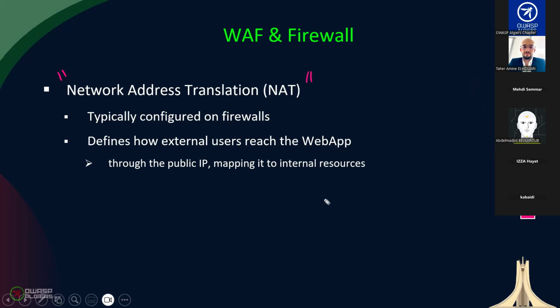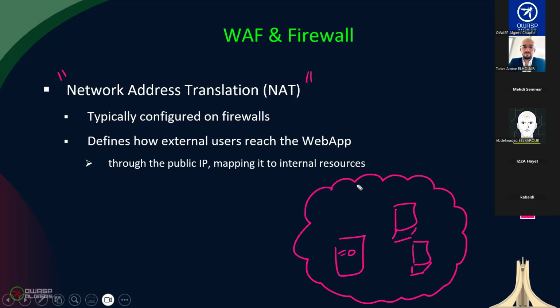For example, inside your internal network, the clients and the servers cannot use the IP addresses that are used on the internet. So you have to use what we call the private IP space.